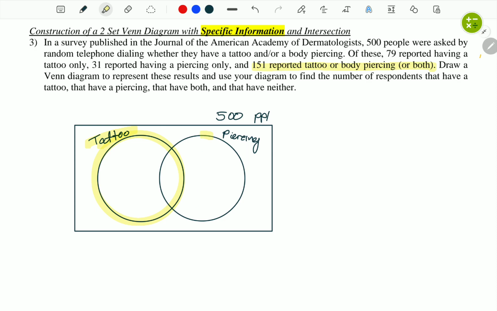If we go back to the last section of 2-3, we went over the cardinality of a union. That is combining both categories together without the overlap, without repeating the overlap. So when I say have a tattoo or a body piercing or both, that means that the total of those categories will add to 151.